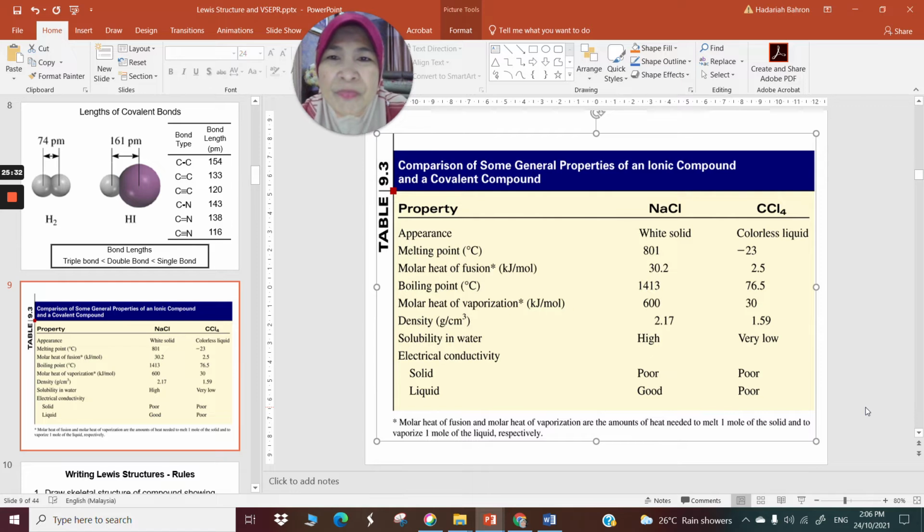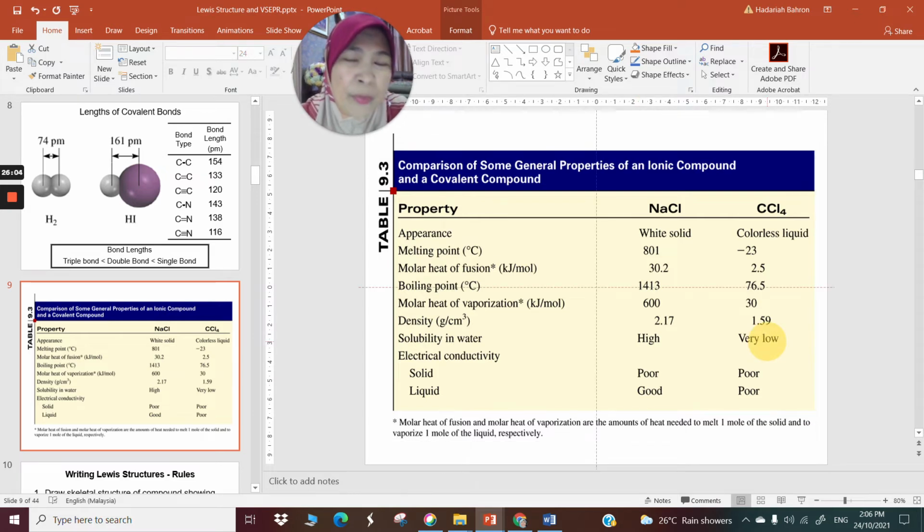If you still recall, the shape of CCl4 is tetrahedral, and the dipole moment of each bond is acting exactly in the opposite direction of each other, making the dipole moment of that molecule zero. So it is a very, very non-polar molecule. That means a non-polar molecule in a polar solvent is not going to mix, because of the difference in polarity. So CCl4 has very, very low solubility in water.